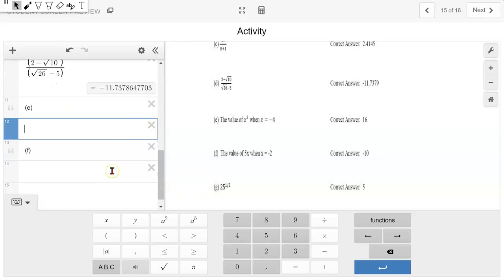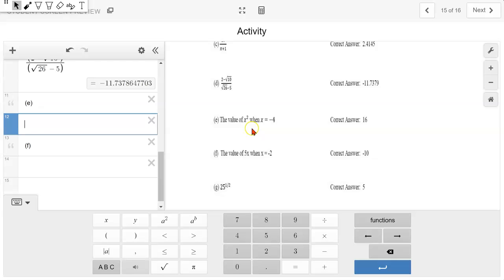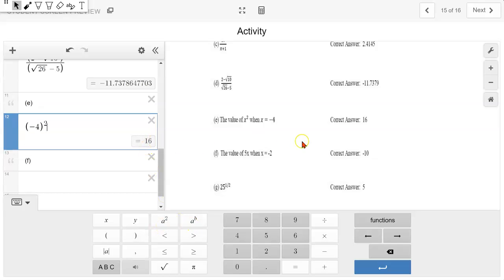Okay, letter E, the value of x squared when x is equal to negative 4. So I showed you earlier how to use it with or without parentheses. To get positive 16, you have to use parentheses: negative 4, so minus 4, close parenthesis, squared, and you got positive 16.